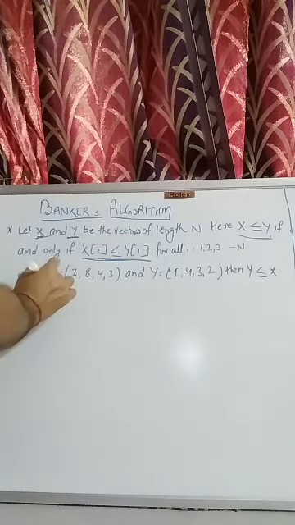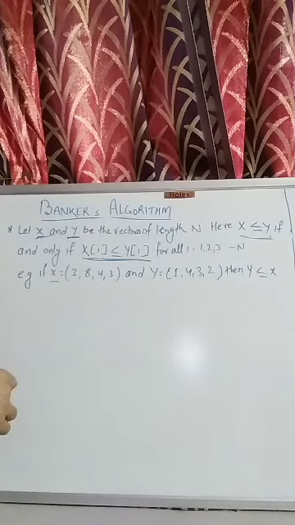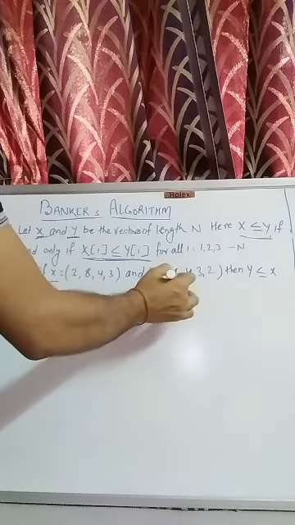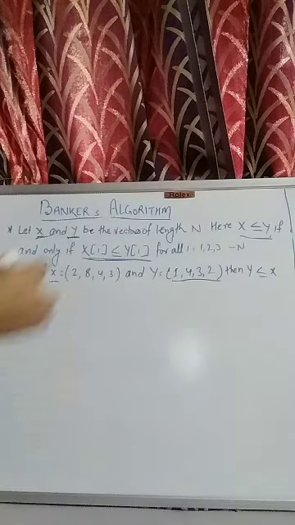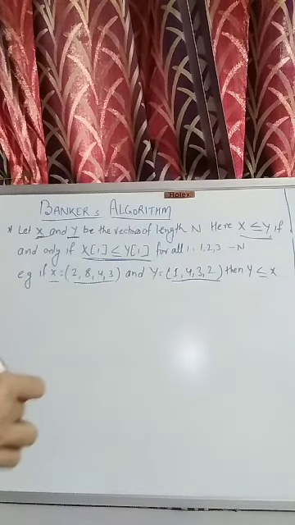For example, here x equals 2, 8, 4, 3 and y is a vector of length 4 with element values 1, 4, 3, 2. Here in this comparison, all element values of y are less than the respective element values of x place-wise. So in this case y is less than or equal to x holds.